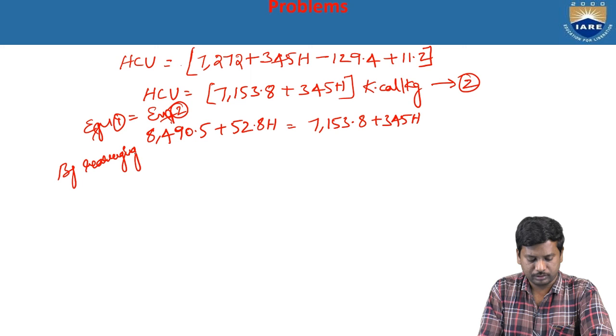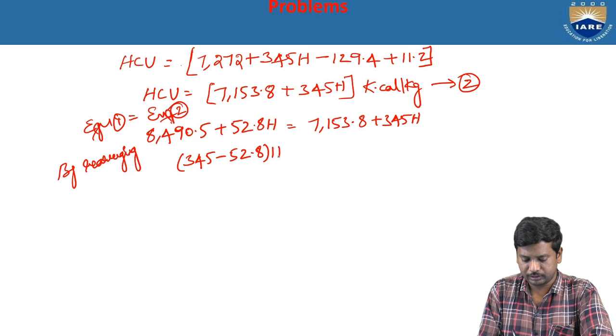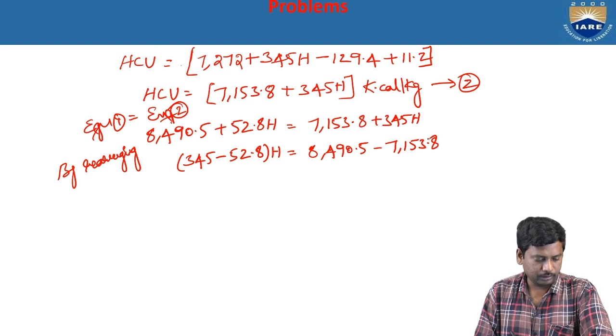By rearranging these equations, we got 345 minus 52.8 into H, that means common factor, equal to 8490.5 minus 7153.8. So now we can calculate the percentage of the hydrogen, which should be equal to the subtraction, 8490.5 minus 7153.8.